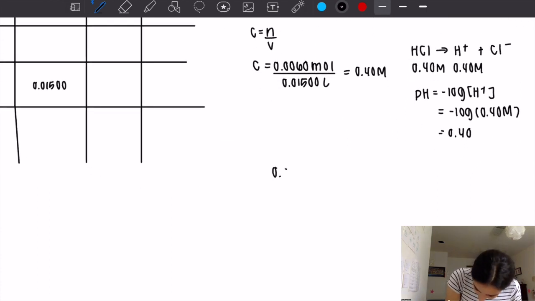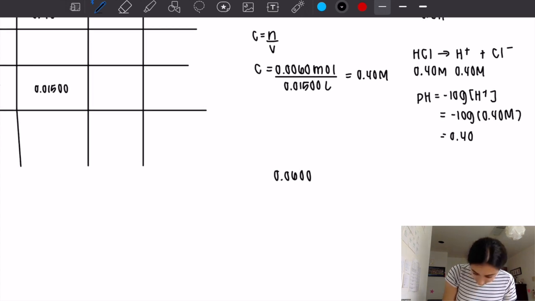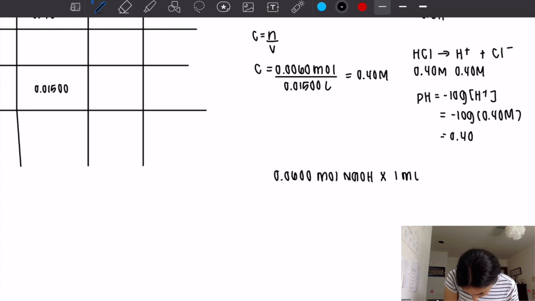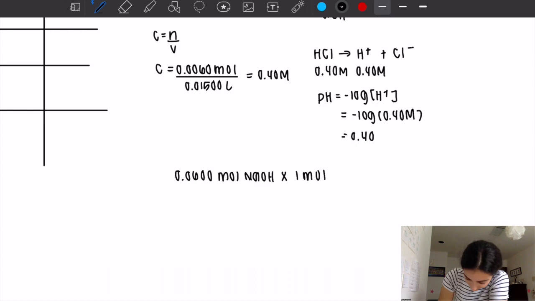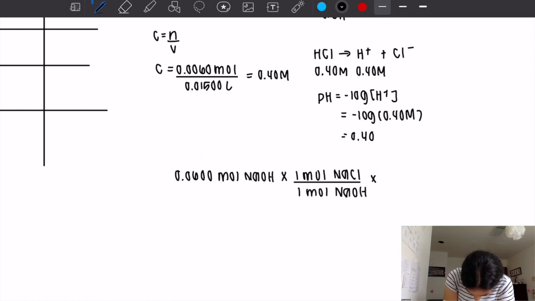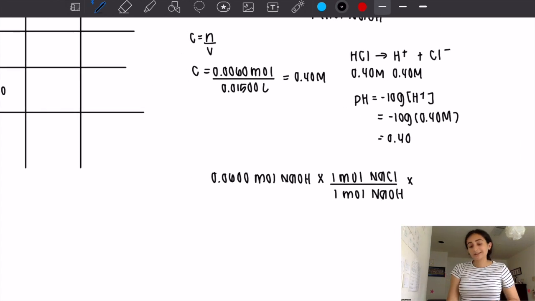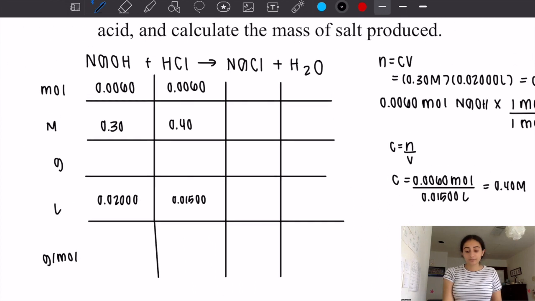So over here, I have 0.0600 moles of NaOH times 1 mole NaCl over 1 mole NaOH. And then I'm just going to go straight to calculating the mass because we don't really need the moles for any further calculations. So I'm just going to do one big conversion.